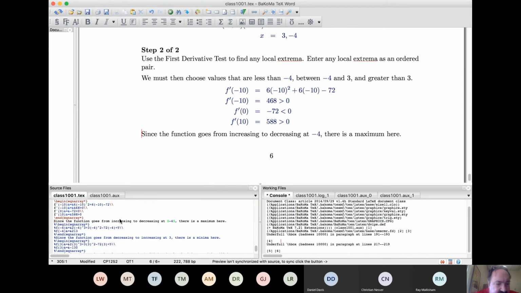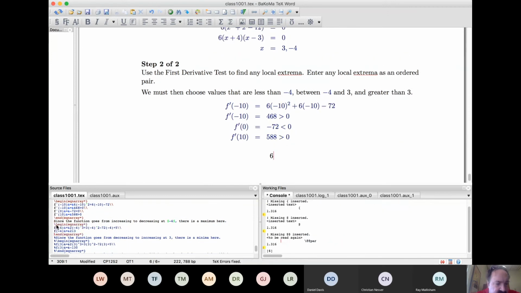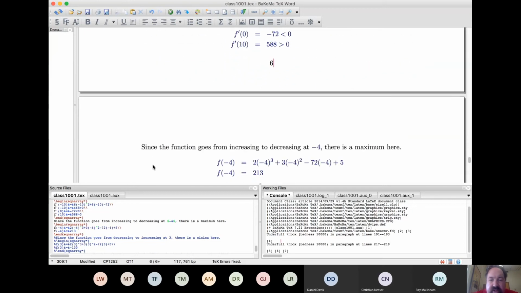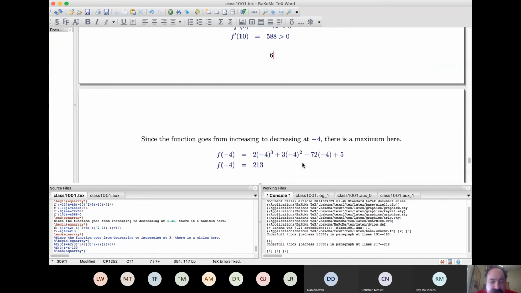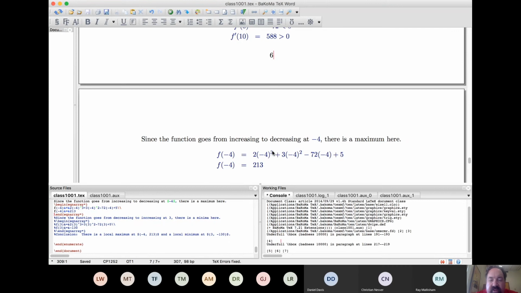Okay, so now what you do is you get the ordered pair by substituting minus 4 into the original function, and this is what we get for the y value. So minus 4, 213, that is the first ordered pair that you enter in the box that Hawks provides for local maxima.